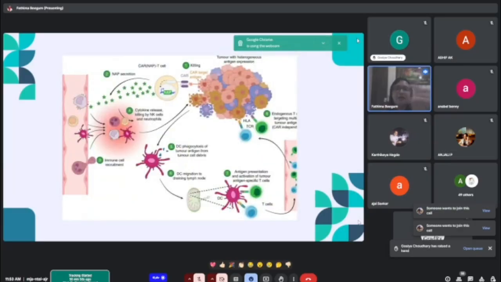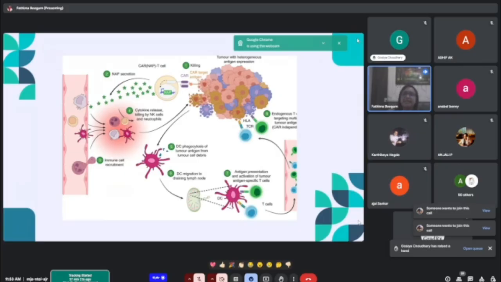This is just what is happening in the case of solid tumors, as I said. Protein secretion will be there, and killing will be there. Immune cells will be recruited to the particular region. Then cytokines will be released. Dendritic cells will phagocytose.